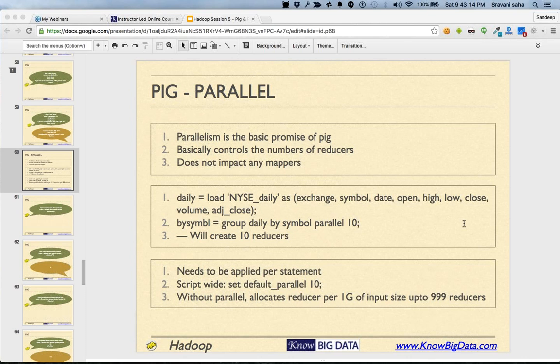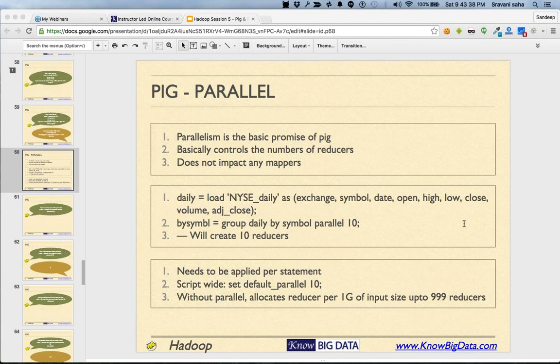If whatever mapper data you are receiving, you're not doing much filtering, and you're right away doing the grouping, then you let Pig decide the number of reducers. But if you are doing a lot of logic and your data is getting minified by using a filter, then in those cases you could decrease the number of reducers.